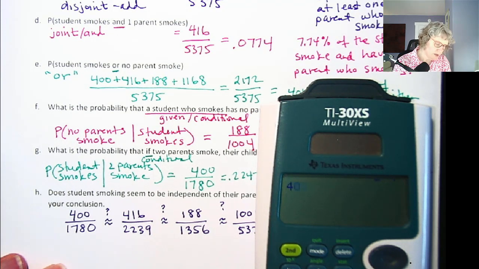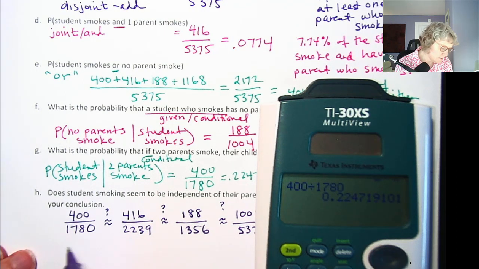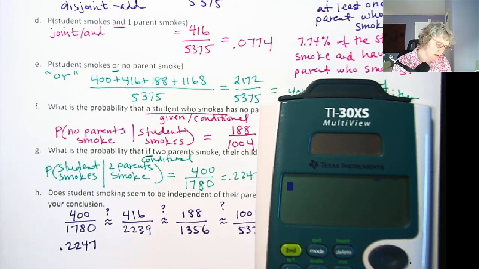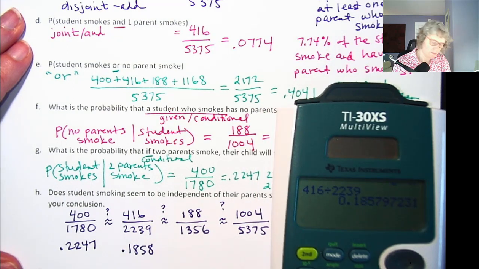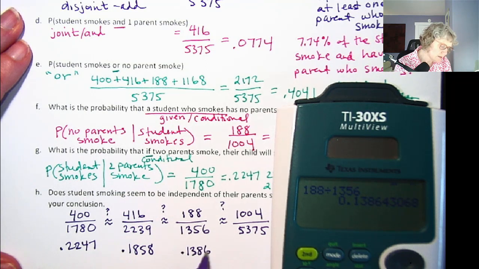Okay, 400 out of 1780 is 0.2247. 416 out of 2239 is 0.18579, so 0.1858. 188 out of 1356 is 0.1386.